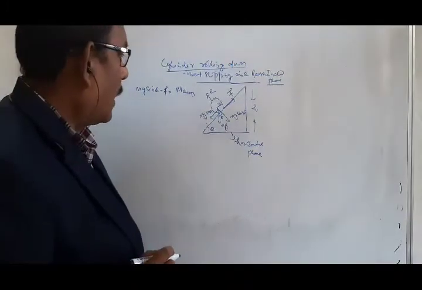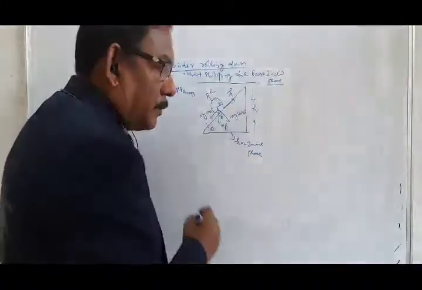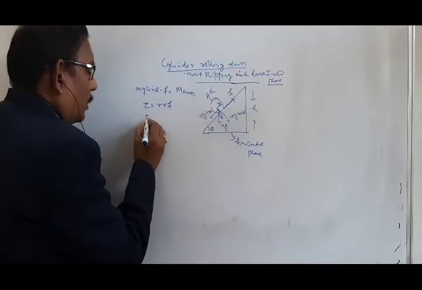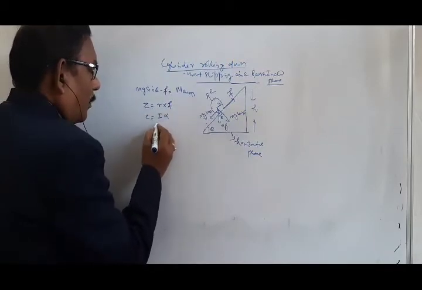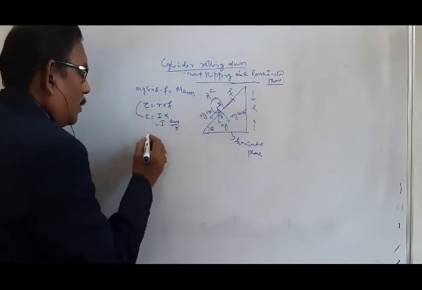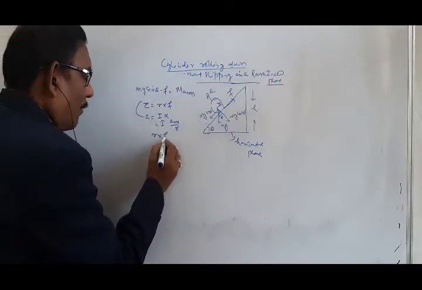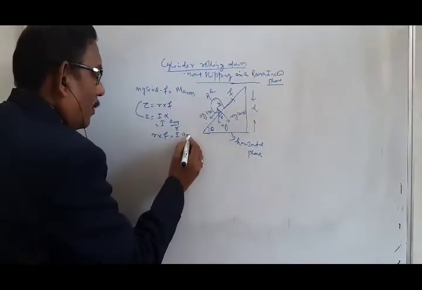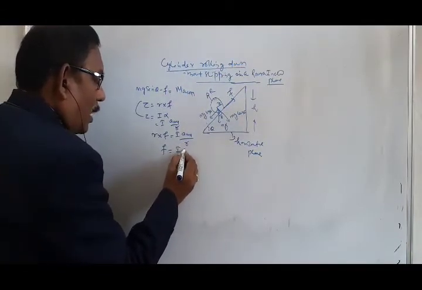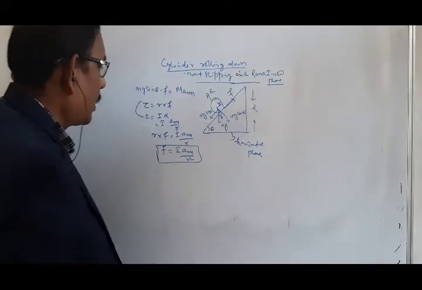The torque acting on the solid cylinder is due to the frictional force: τ = R × F. Also, τ = Iα, and here α = a_cm/R. So, by putting these two equations of torque, R × F = I a_cm/R, and F = I a_cm/R². This is the equation of the frictional force.